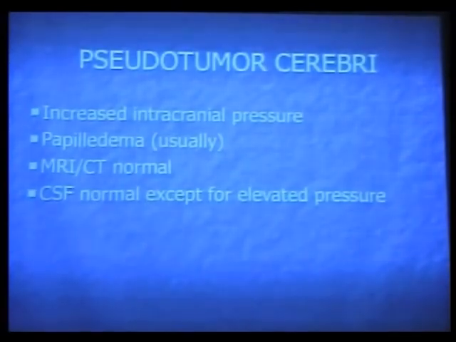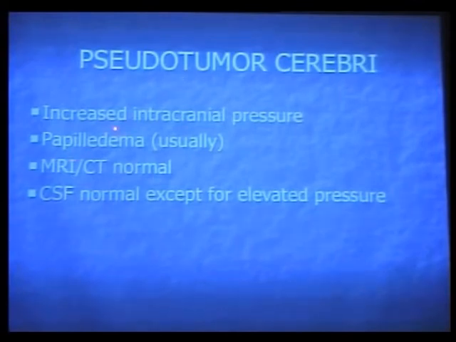Now, what about pseudotumor cerebri? Pseudotumor cerebri is a disorder, or a series of disorders, of increased intracranial pressure that usually presents with papilledema, but not necessarily so. You can have pseudotumor cerebri without papilledema. It's a well-known entity.